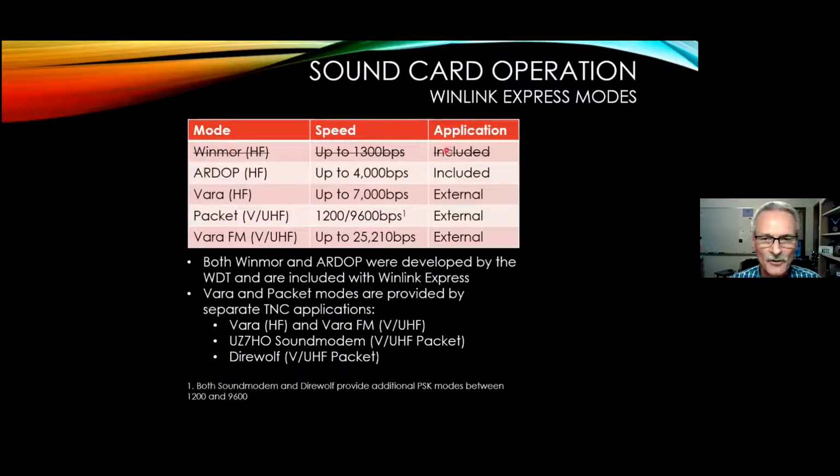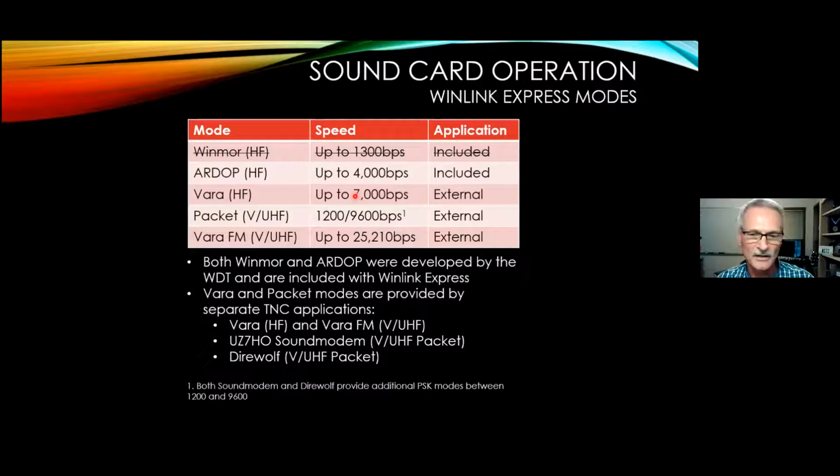I do have one more listed at the top here, but you'll see it's crossed out because we are deprecating that mode out of Winlink. It's certainly the slowest of the modes out there, and really these other modes do much better. So the development team decided we've got too many ways to do this, and we're going to drop one of these out.